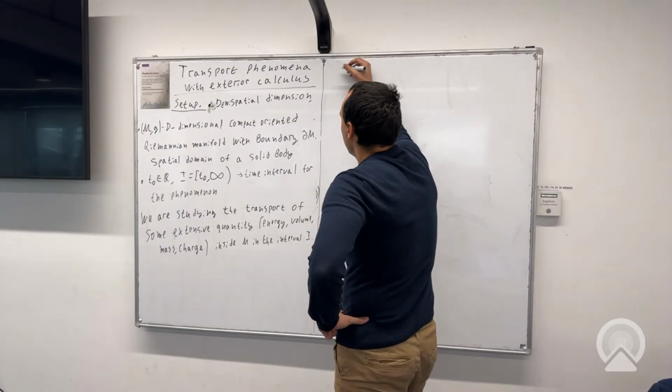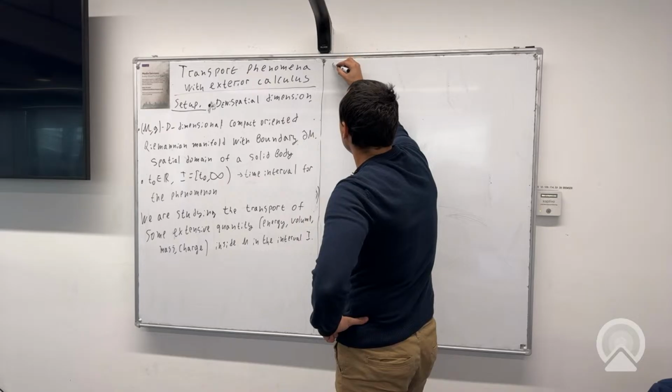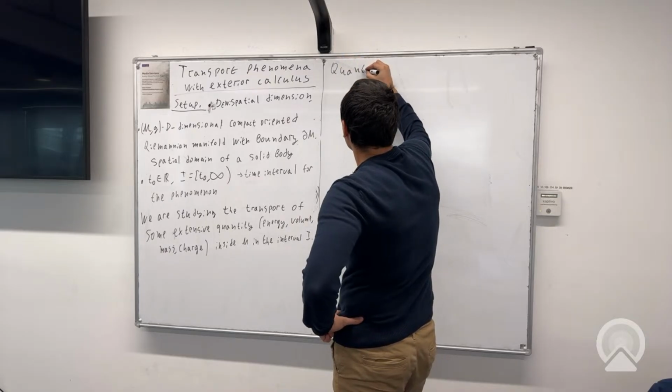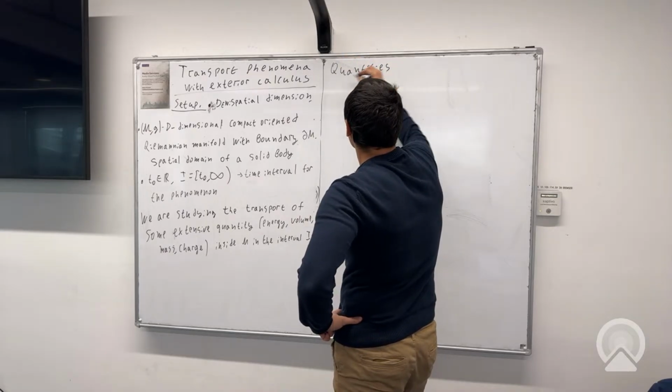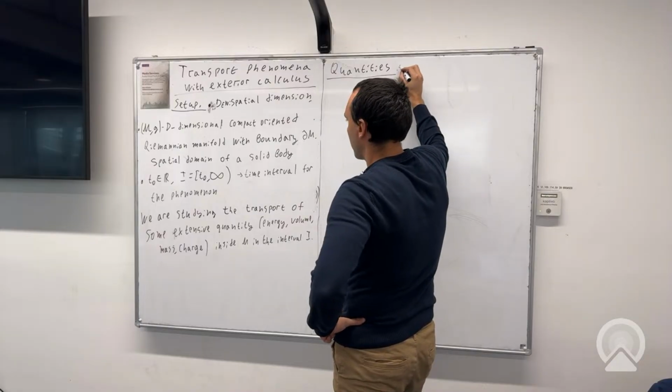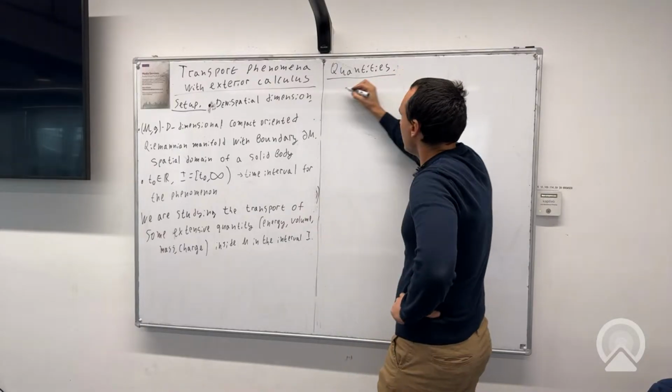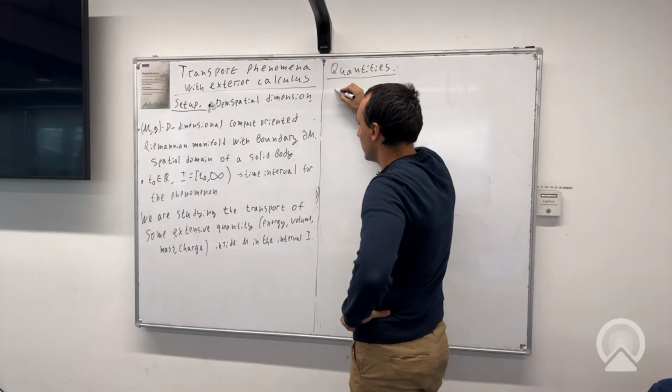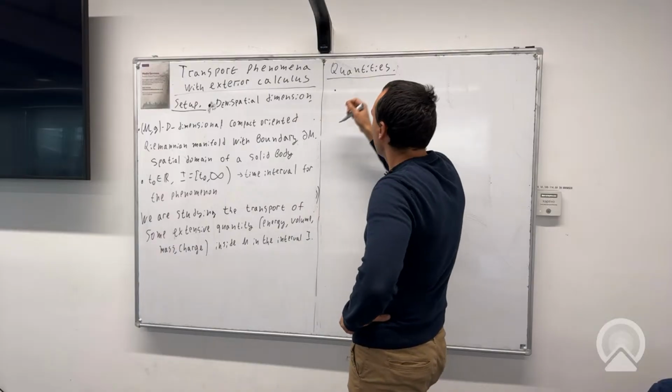So we have the following variable quantities. So first we start with the amount.